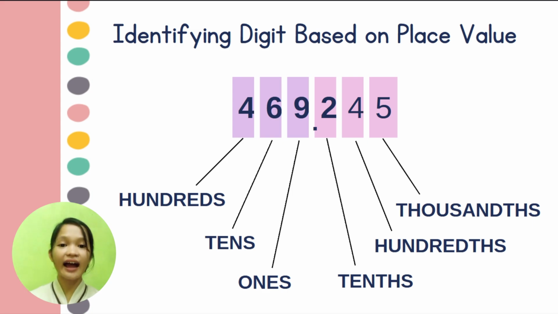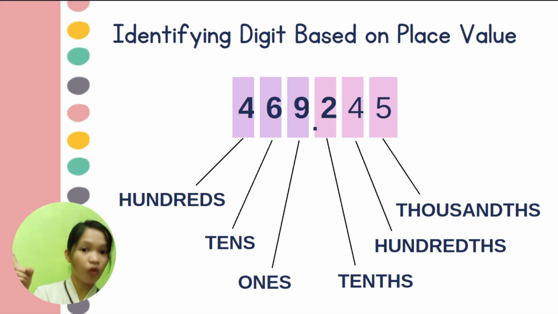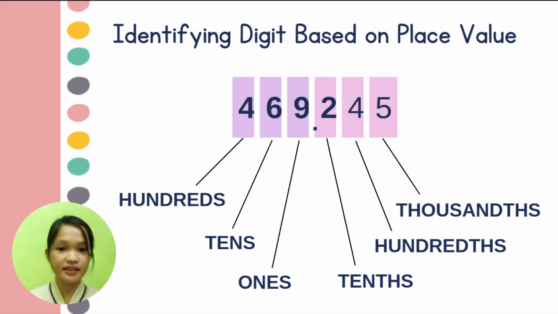469.245. The hundreds place, hundreds without THS, is the third digit before the decimal, which is 4. And the tens place without THS is the second digit before the decimal, which is 6. And the ones place is the first digit before the decimal, which is 9.